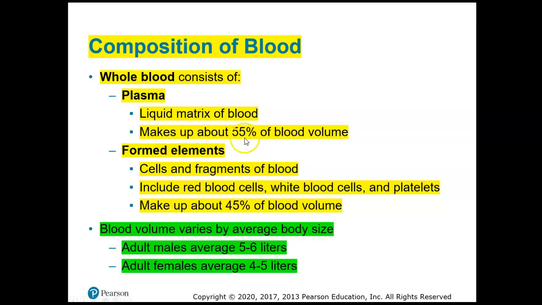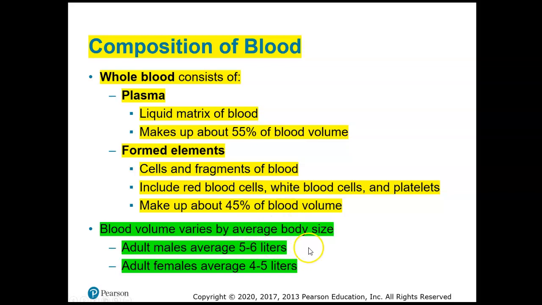And the plasma makes up about 55% of blood volume in a healthy person. Formed elements are the red blood cells, the white blood cells, and the platelets. And platelets are just fragments of cells. They're cell fragments. Formed elements make up about 45% of the volume of blood in a healthy person.